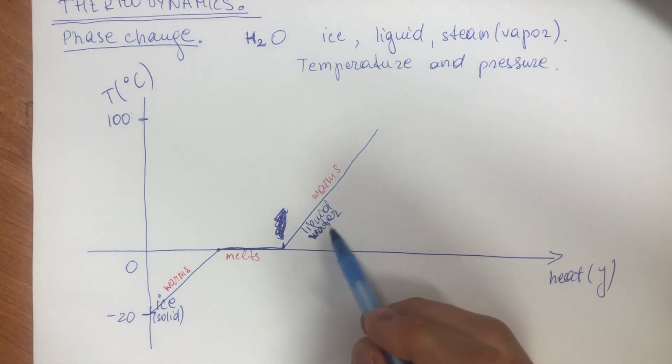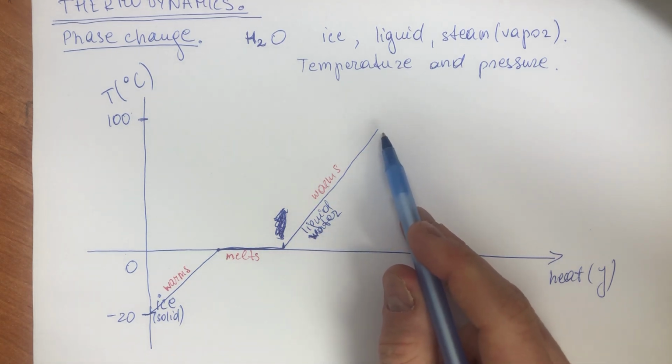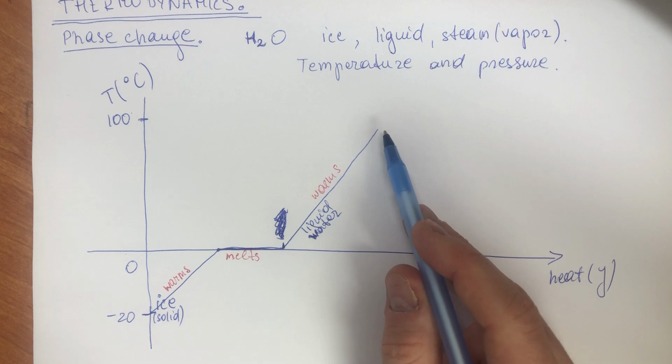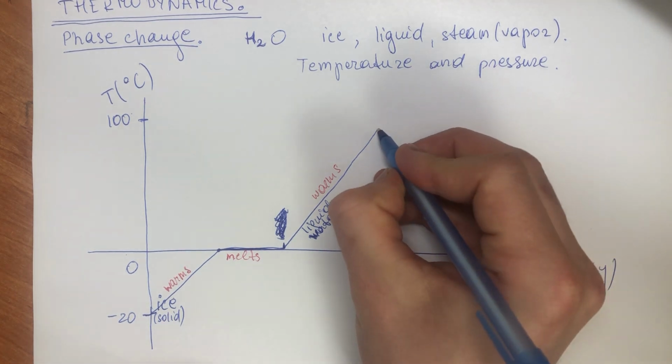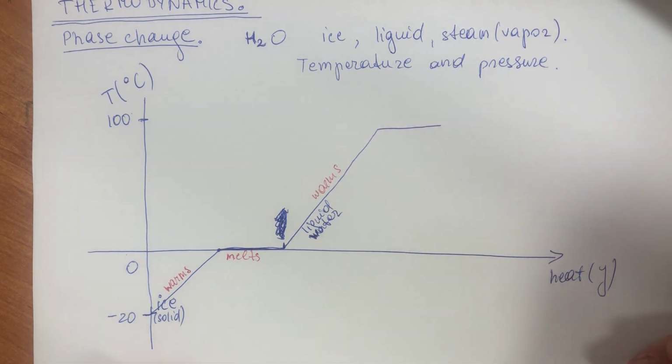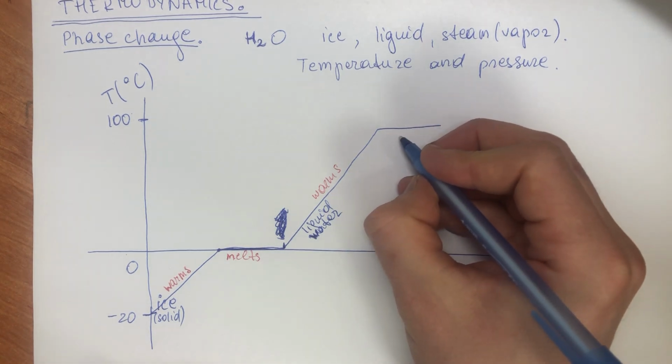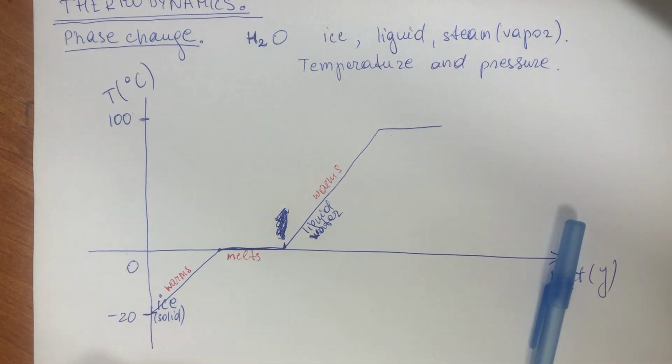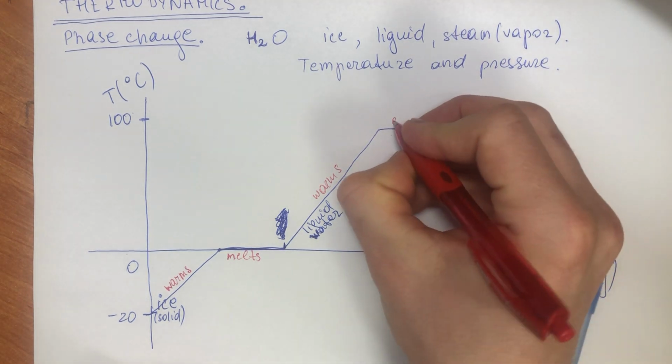So this heat was used to increase the temperature. When the temperature increases to 100 degrees, then we supply heat, but nothing happens again. So it means that water boils.